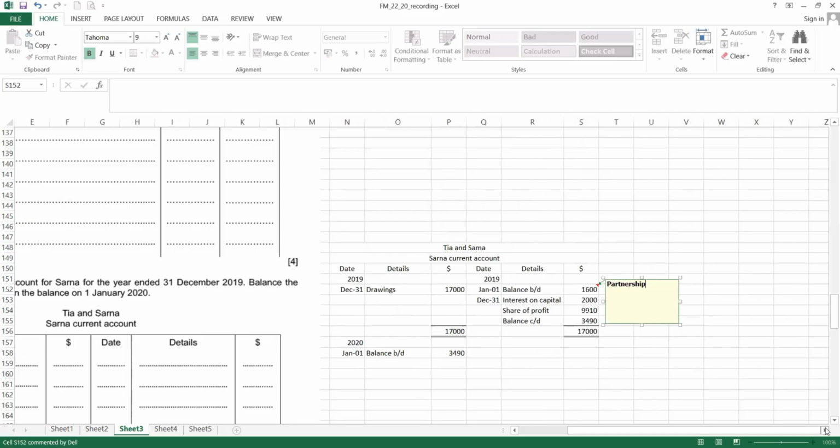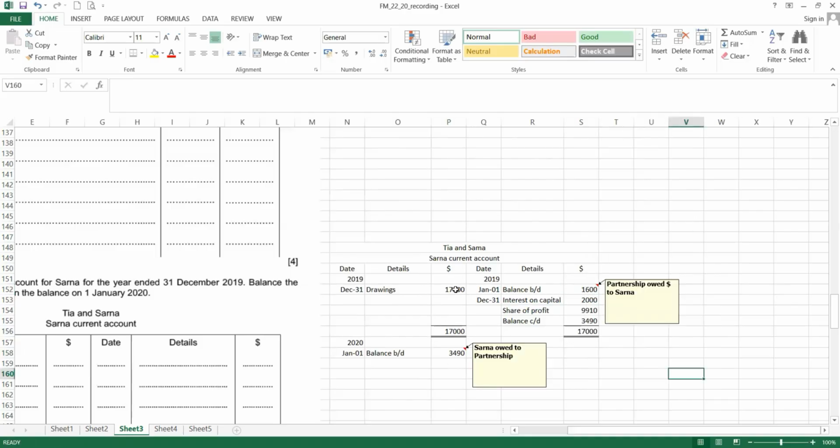Okay, now at the beginning of the year, this is showing that the partnership owed money to Satna. Satna or Sama? Okay, Satna. Okay, owed to Satna. It means Satna has money in the partnership, but by the end of the year, Satna owed to the partnership.